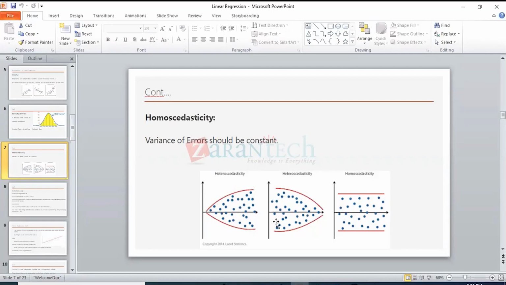So these are violating the assumptions of linear regression. We always say that linear regression follows homoscedasticity. Okay, clear?